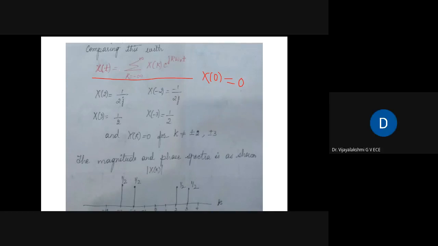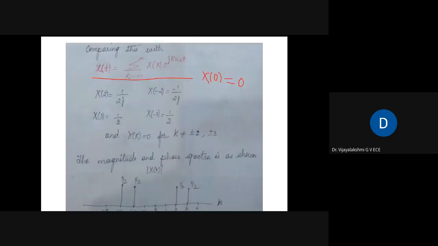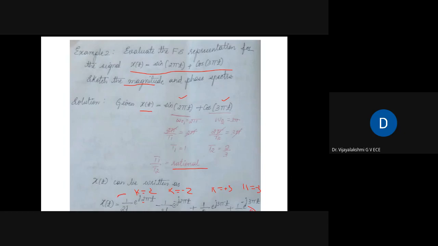Okay. So after expanding, if you compare this expression with this, let me call this as equation number 1. And after expanding, I call this as equation number 2. Okay, then I get x of 2 is equal to 1 over 2j.